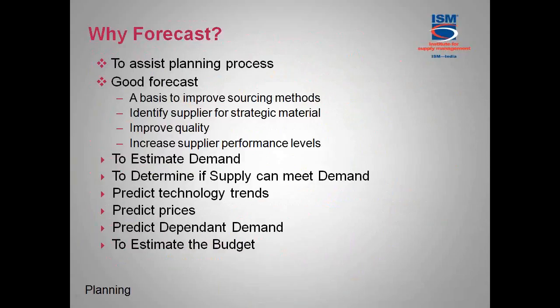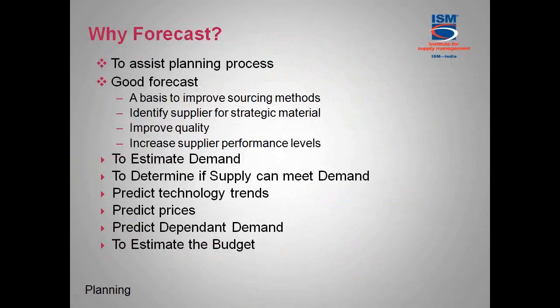Now, a good forecast is the basis to improve the sourcing method. If I am aware of my requirement well in time, then I will put in all my efforts to make sure I get the proper source. If I am not aware of my requirement, I may be in trouble when we are doing the sourcing.